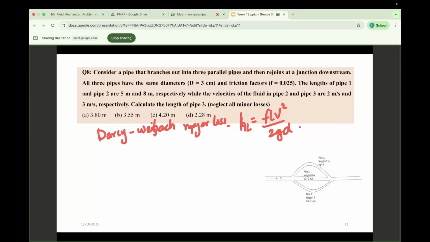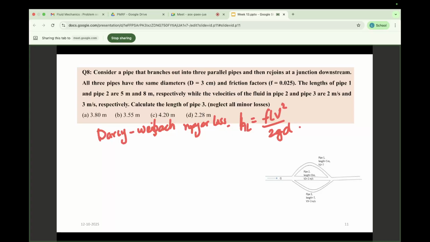Please try to recall this thing, or can I solve this one? I'm not solving initially. I will just give you a little bit of an idea about this question so that you will be easily able to answer it. Where will this equation be used?